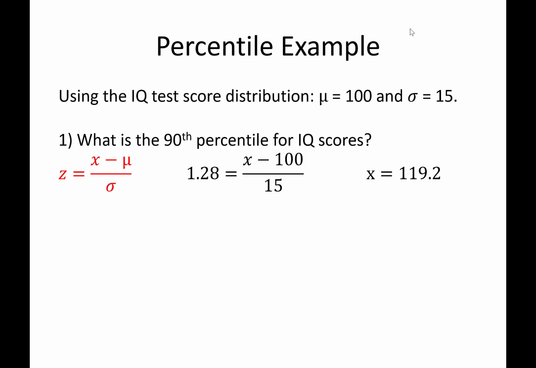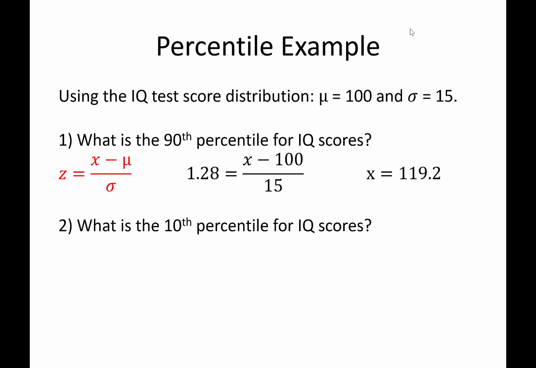So nobody could have gotten 119.2. However, we are using a normal distribution to approximate probabilities and percentages. So we're not finding necessarily the exact percentiles or the exact area or the exact value, because we're using a continuous distribution to approximate a discrete variable.